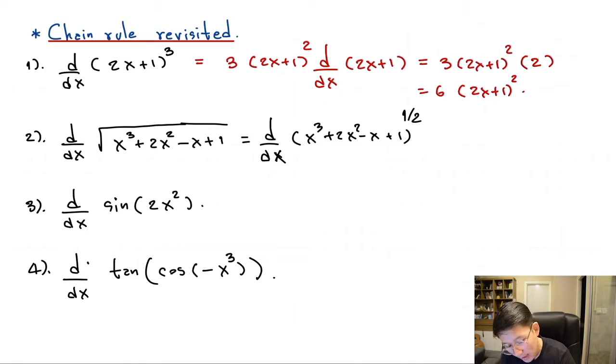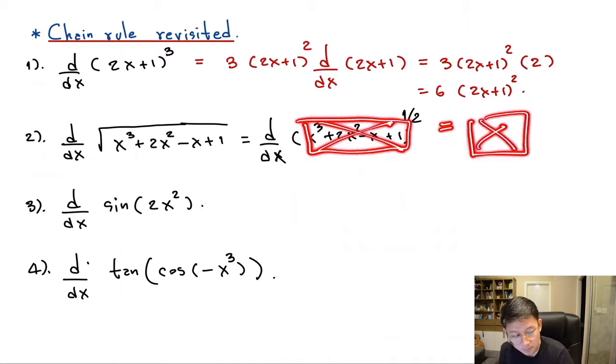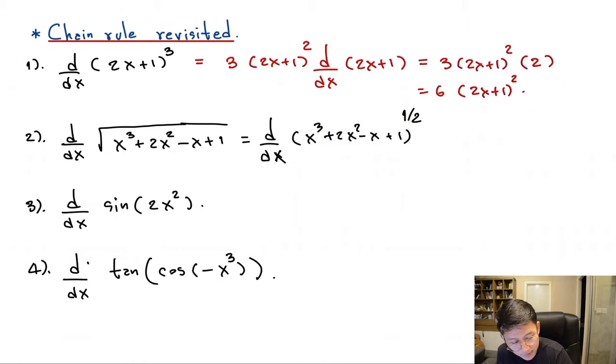Again, I'll look at this as a big X. So the derivative of big X to the power of 1/2 is 1/2 big X to the power of minus 1/2.